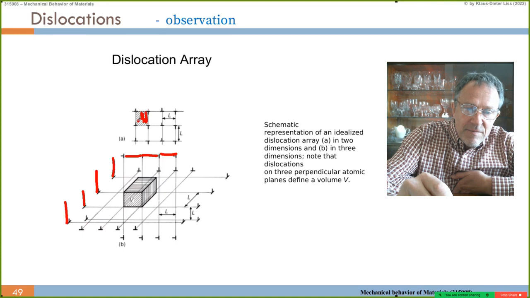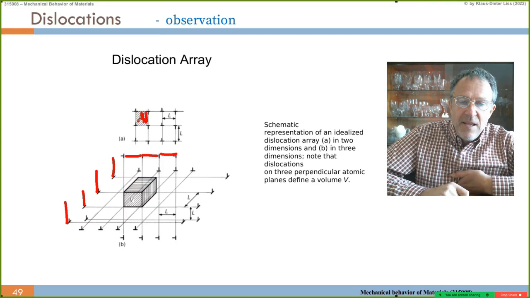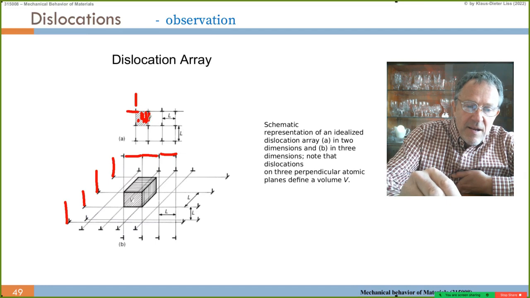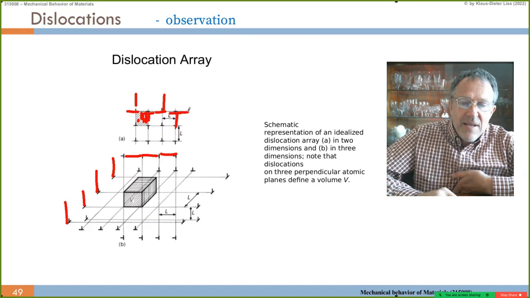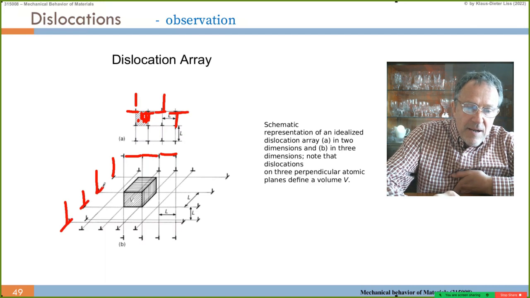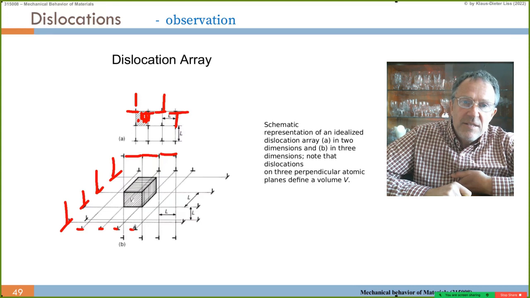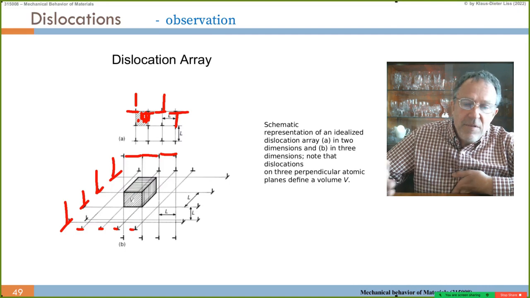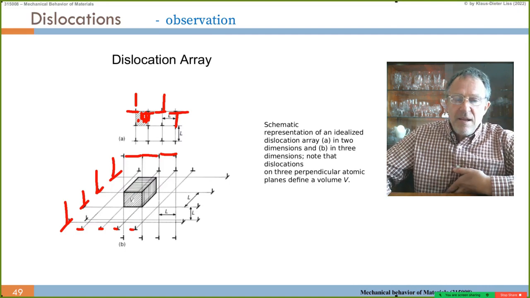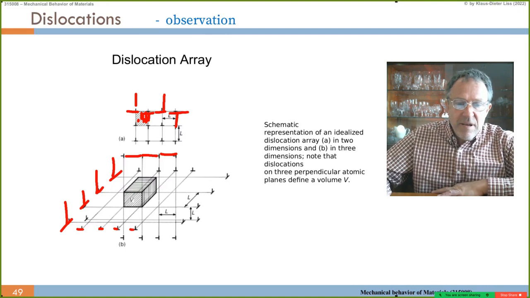So the crystal lattice is very fine here in between, and after n distances we find the dislocations. So here they are up, down, up, down, up, down, or they can be all up, up, up, up, up. So there are various configurations, and we will see later under which conditions they form which kind of arrangement.